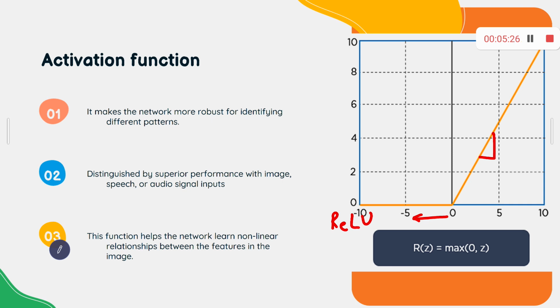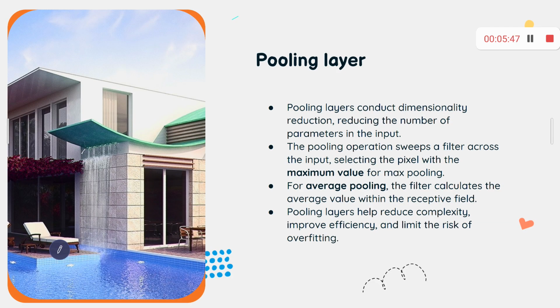This helps in finding the nonlinear relationship between the features and increases the robustness of identifying different patterns. Therefore, it is used after the convolution layer to detect and modify the features.